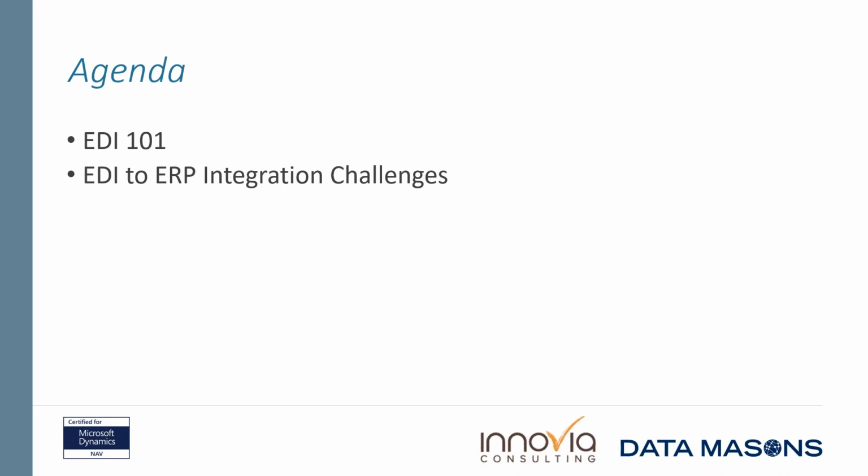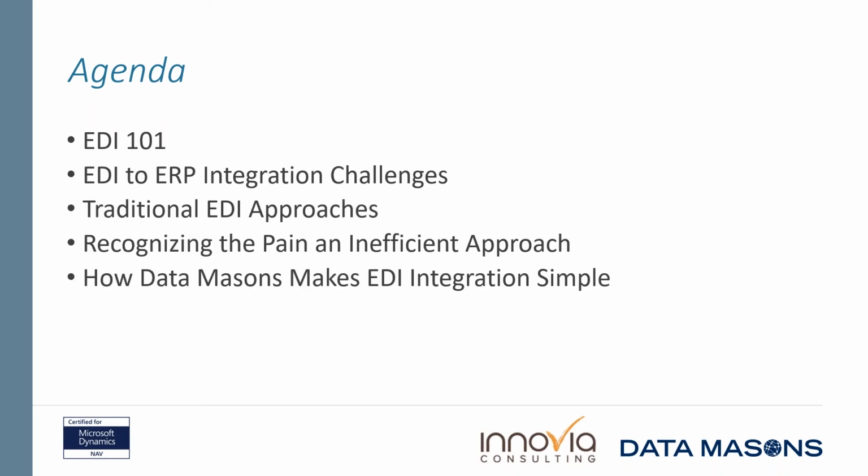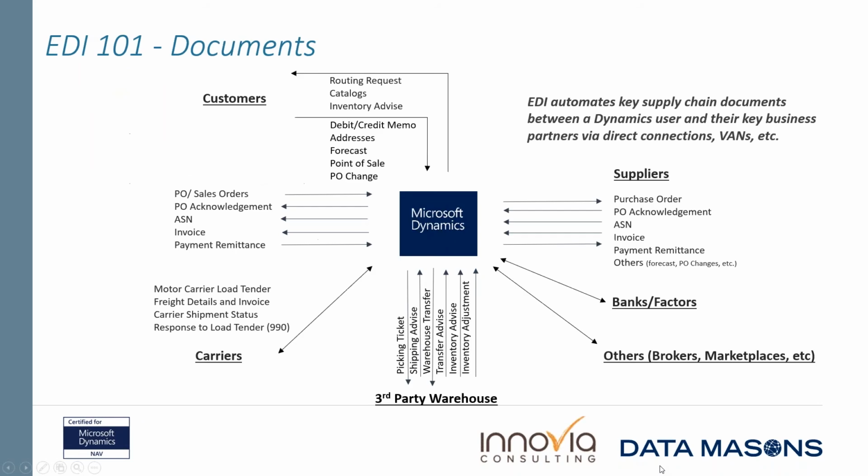We're also going to talk through some of the overall integration challenges with EDI, as we get into some of the approaches, recognizing some of the inefficiencies, and specifically, we'll talk a little bit about how Data Masons has gone through to address some of these challenges. And time permitting, we'll get into a demonstration. And as Angie said, towards the end, we'll open it up to any questions and answers that the group has.